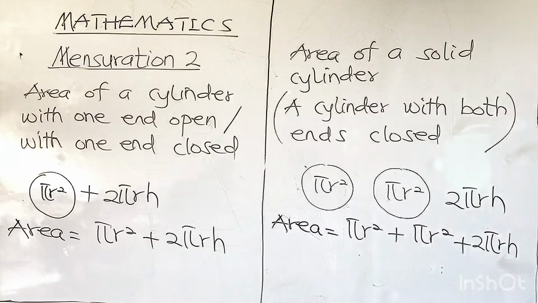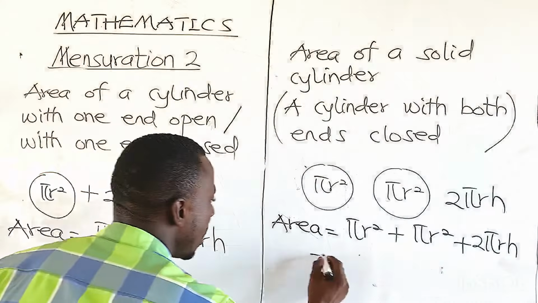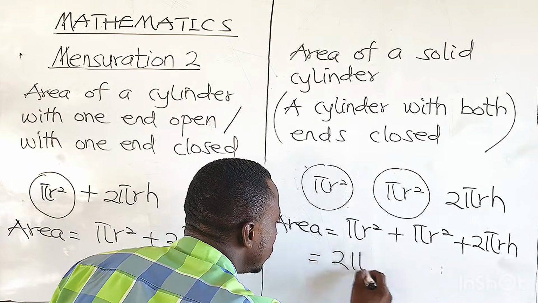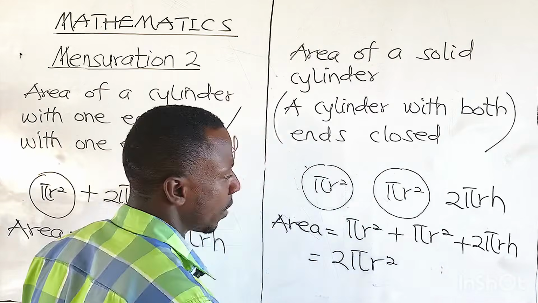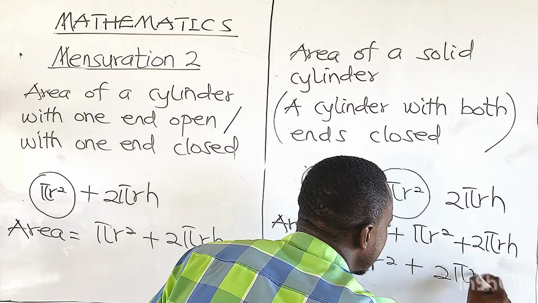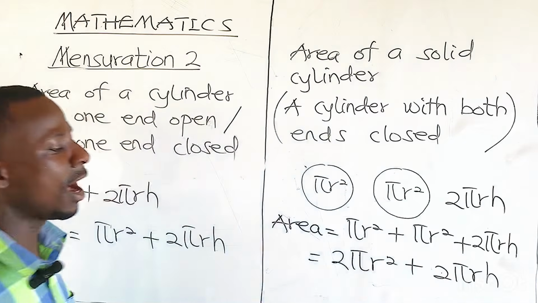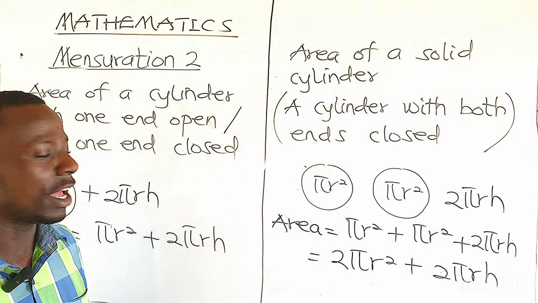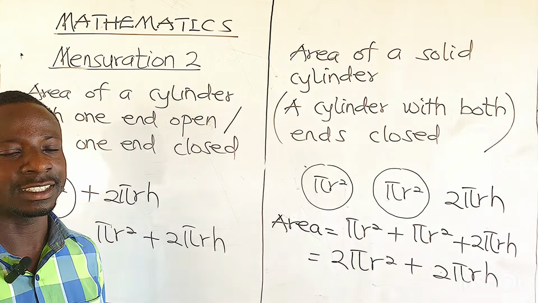So from here we are going to put them together. Now we have pi r squared plus another pi r squared, we are getting 2 pi r squared plus the curved surface area, which is 2 pi r h. So this is the area of a solid cylinder.